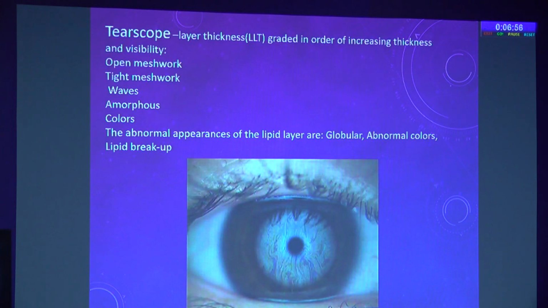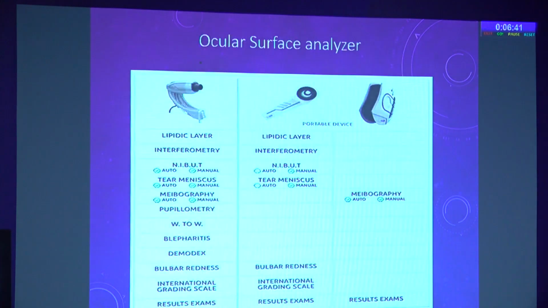Next comes the TearScope. We can assess the lipid layer thickness in order of increasing thickness and visibility. It appears as patterns of open meshwork, tight meshwork, waves, or amorphous patterns, and there are also color-coded images.